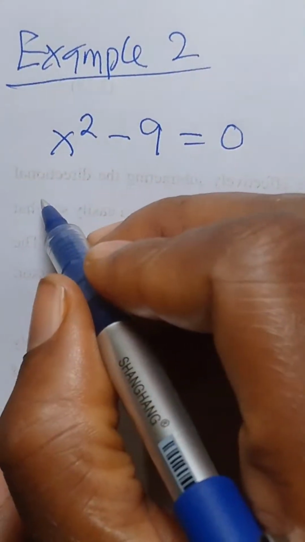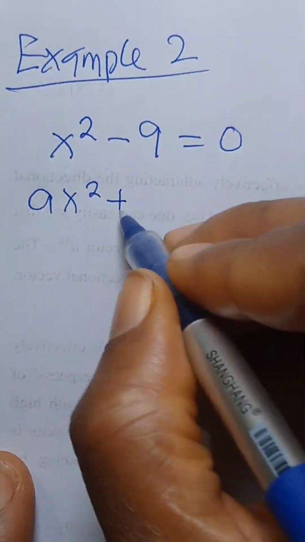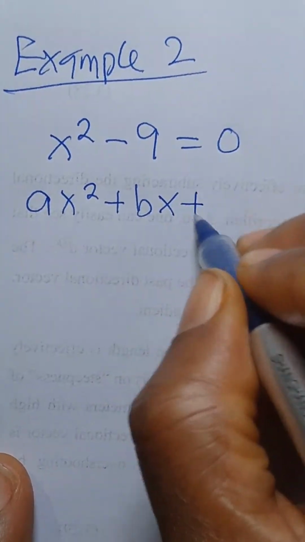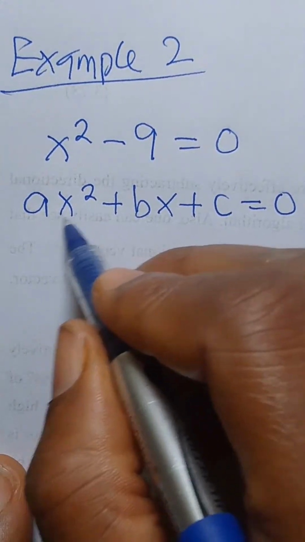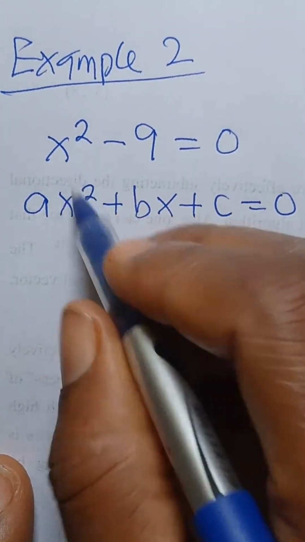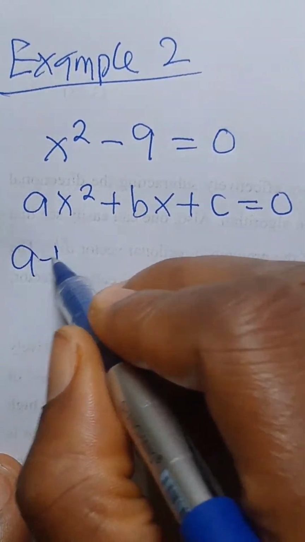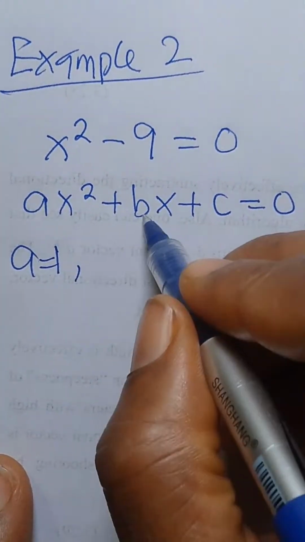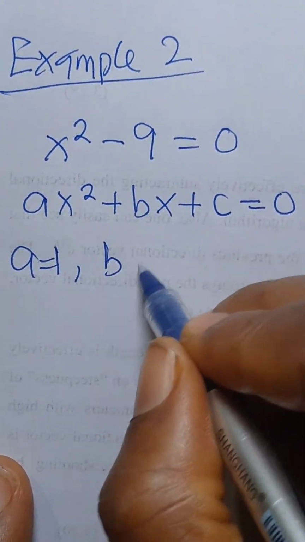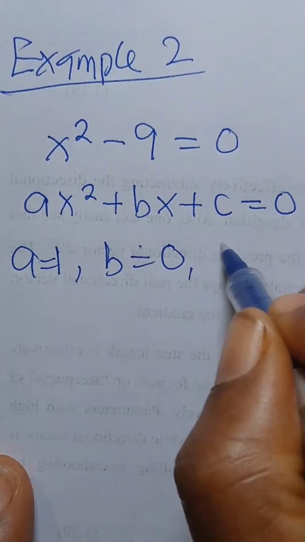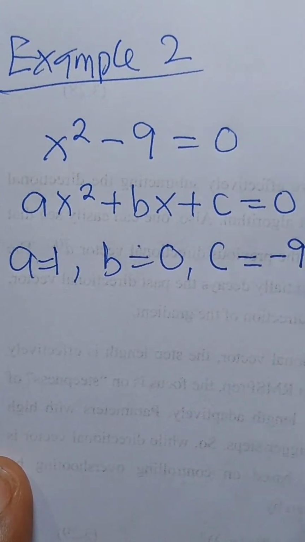And the standard form of quadratic equation is ax square plus bx plus c equal to 0. Okay, so here our a is the coefficient of x square and that is 1. So our a is equal to 1. Our b is the coefficient of x and there's no x here, so our b is 0. So our c is the constant, and the constant here is minus 9.